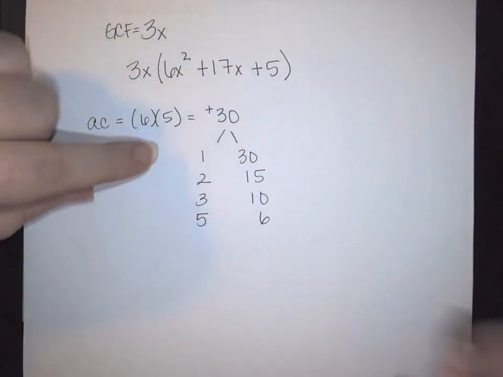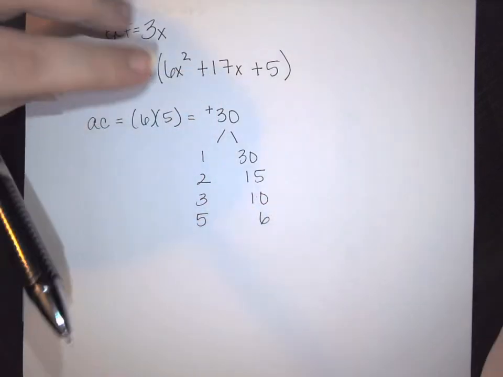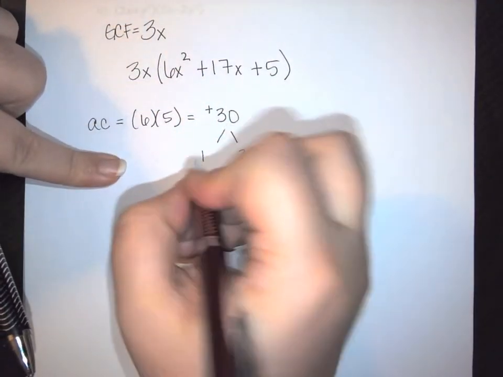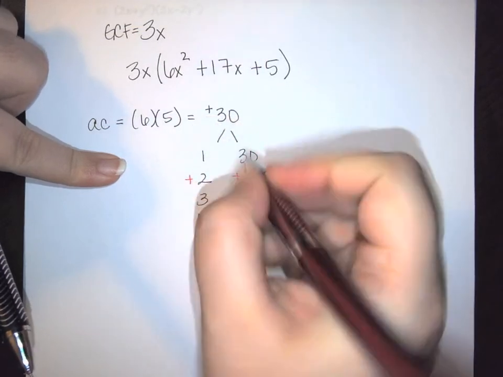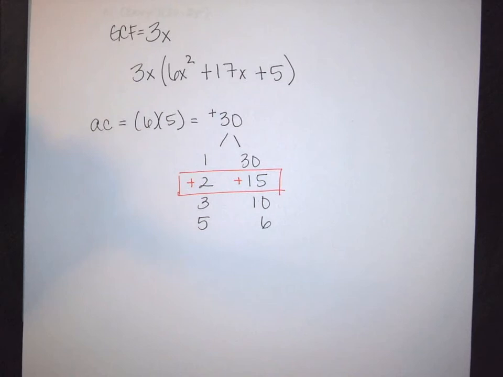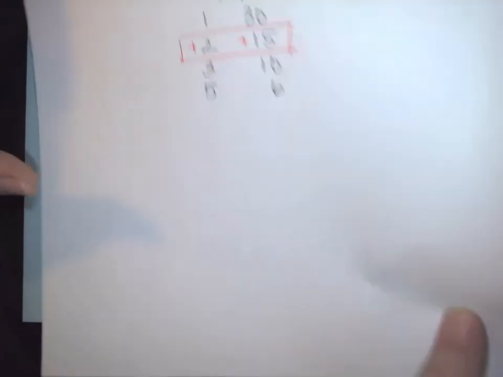We want to know which combination of these is going to give us the positive 17. So when we do that, since everything is positive, we know plus 2 plus 15 is going to give us the factor that we want. So those are the factors we're going to use.